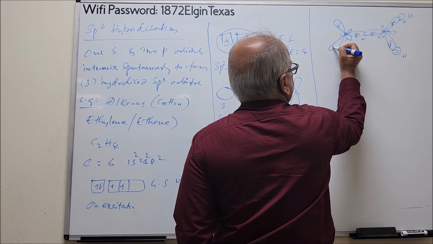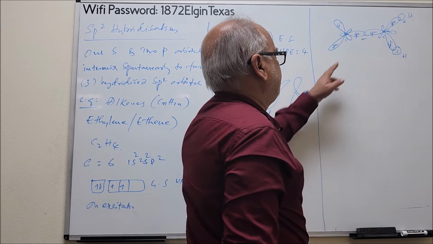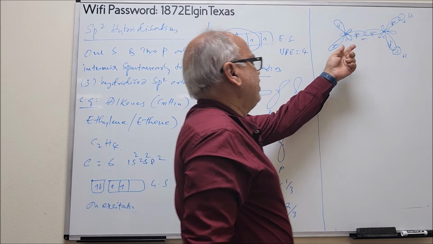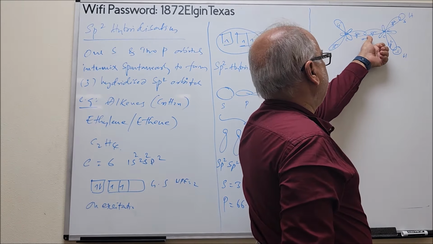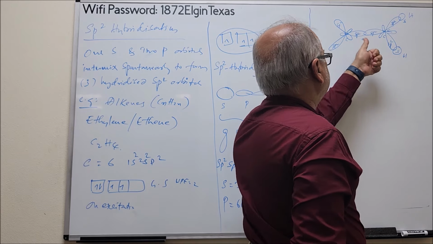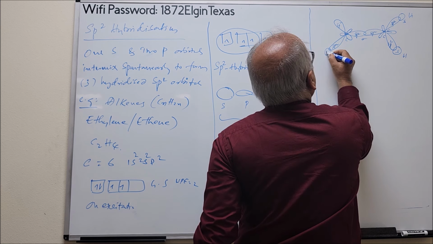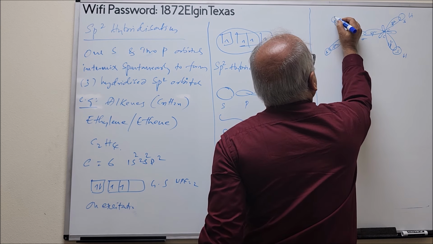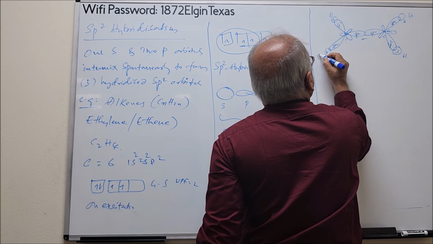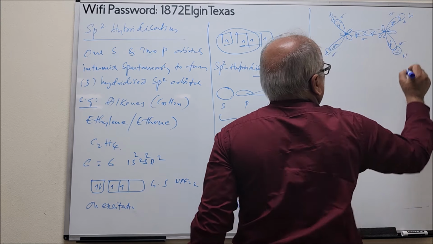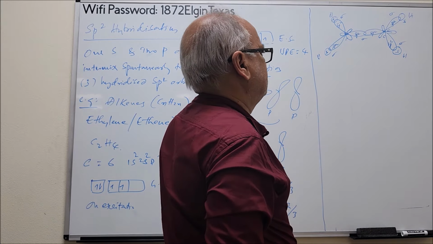In each carbon atom, there are 3 SP2 hybrid orbitals. One overlaps axially to form a sigma bond. On the other two sides, the s orbital of hydrogen overlaps to form sigma bonds. There are 5 sigma bonds now.